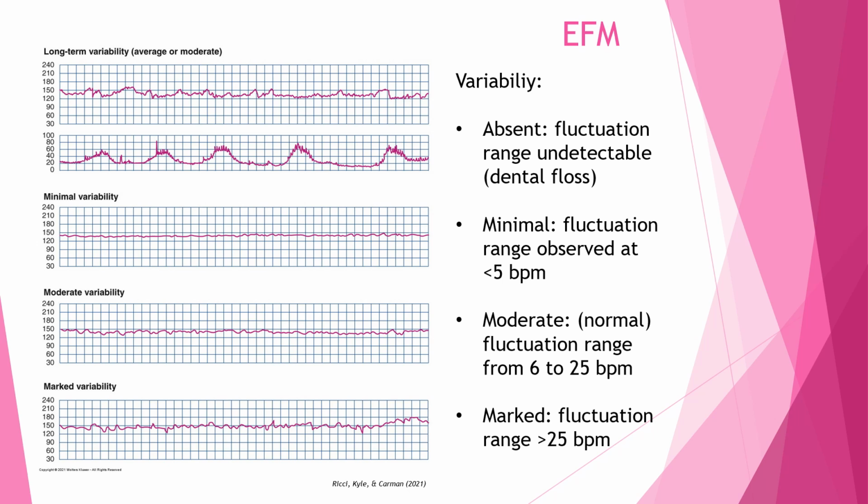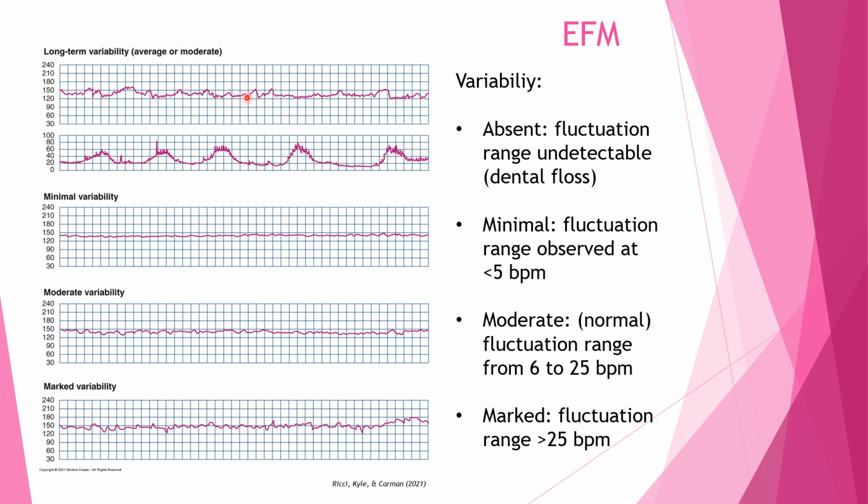I don't want you to stress too much about variability, but students always want to understand this concept a little bit more because they hear it when they're on the units. So variability. So it's how squiggly the lines are in the fetal heart rate. Remember, the bottom is the contraction.